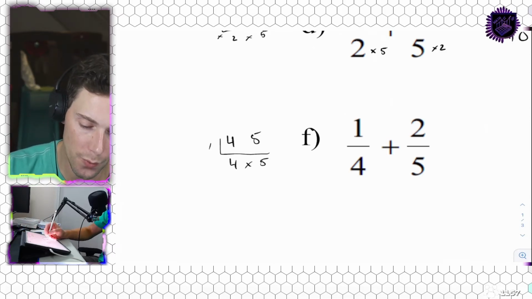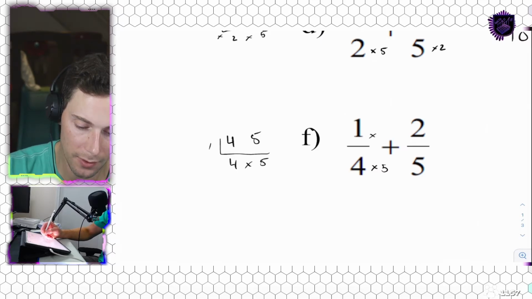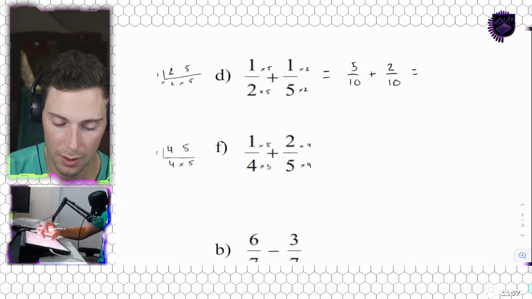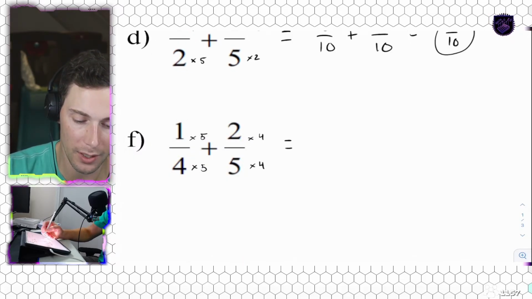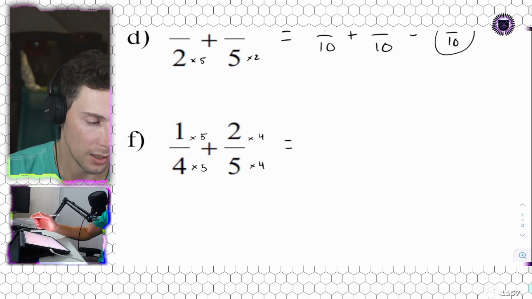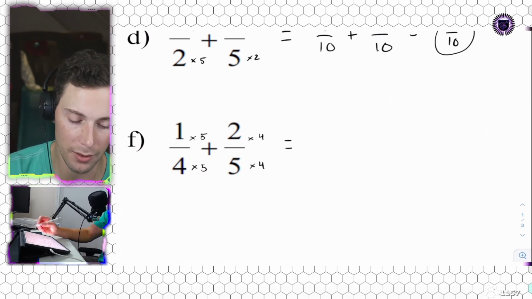So we're going to go times 5, times 5, times 4, times 4, and it's going to leave us with equivalent fractions, but now we'll have the same denominators.